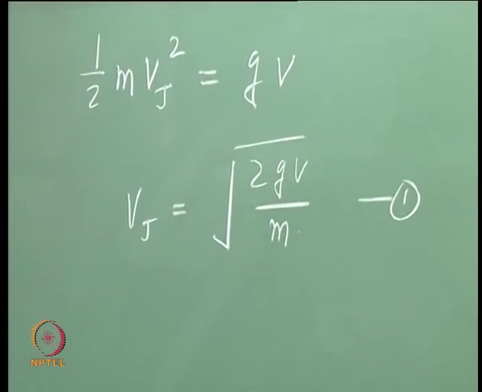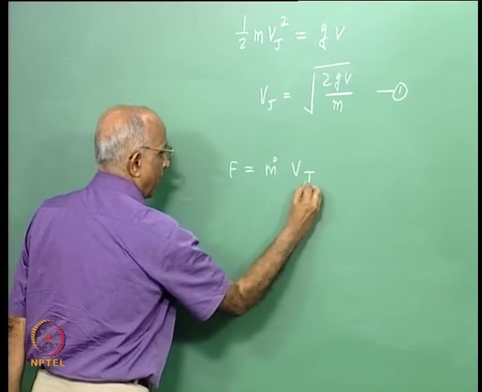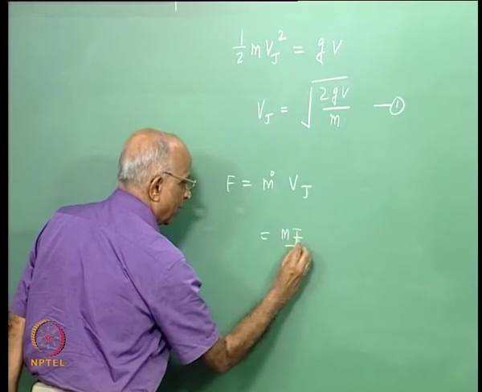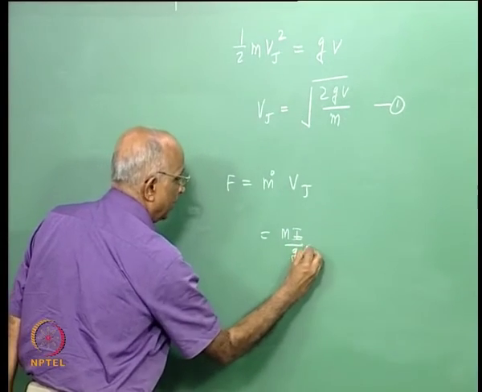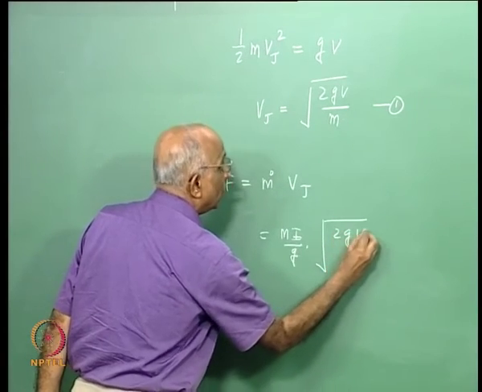And what was my equation for the thrust F? F is equal to m dot into Vj, and this I can write as m into I divided by q, into the value of Vj, which is under root 2 qV by m.